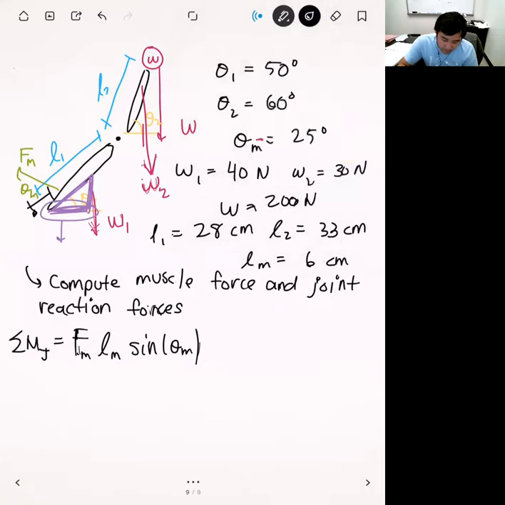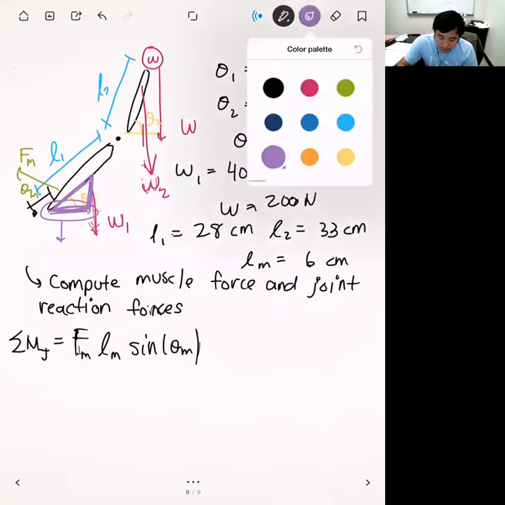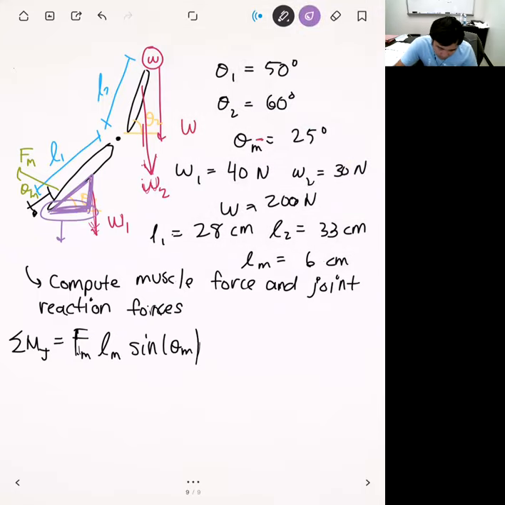And the length of that horizontal segment there is going to be the hypotenuse, where remember the hypotenuse is only halfway up the arm, and so this is going to be L1 divided by 2 multiplied by cosine of theta 1.